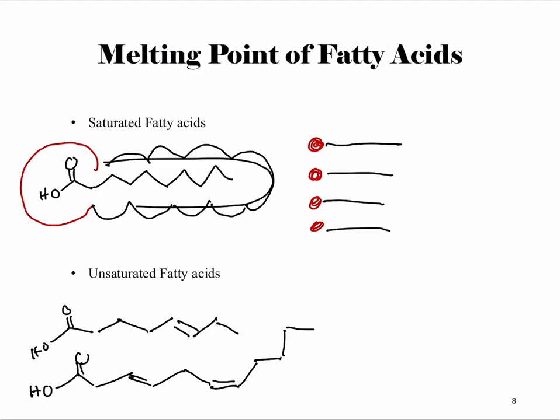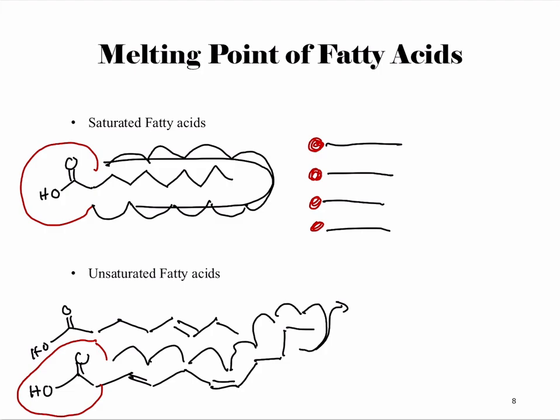If we have something like this, and again, this is our polar side of the molecule, and we have these alkyl groups and then a bend in the molecule. What I'm doing right now is going from the carbon skeleton to give what a three-dimensional shape would look like.